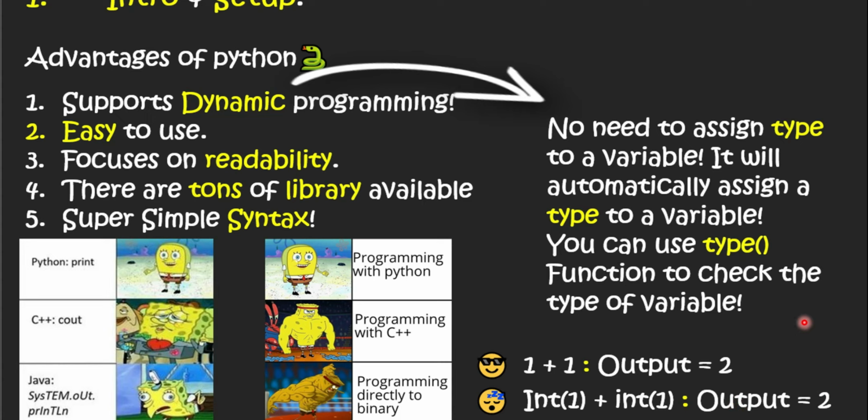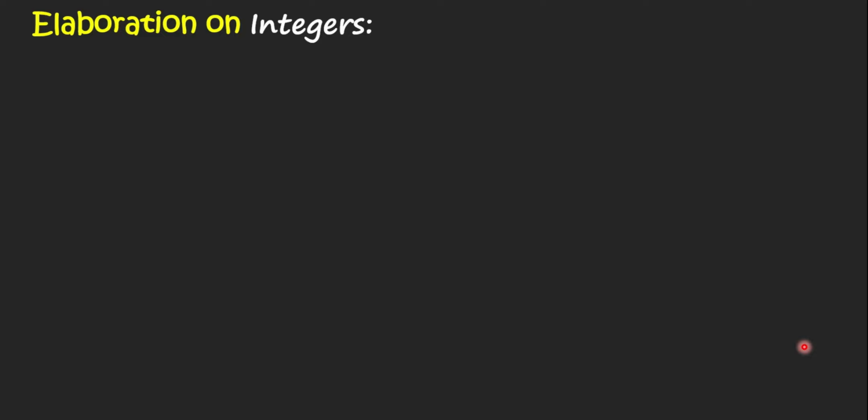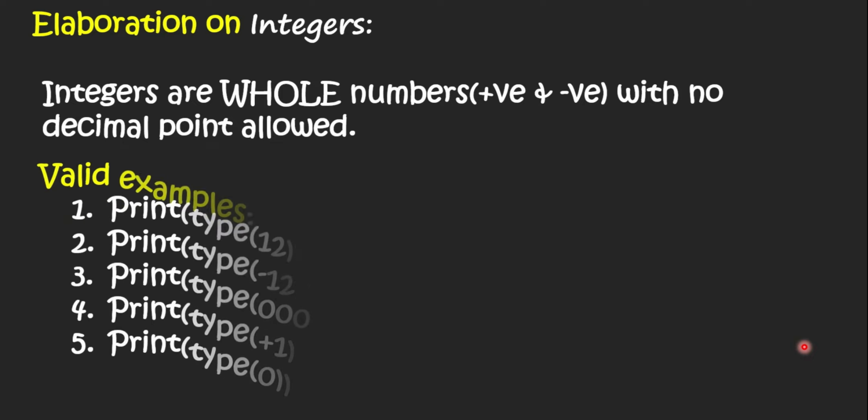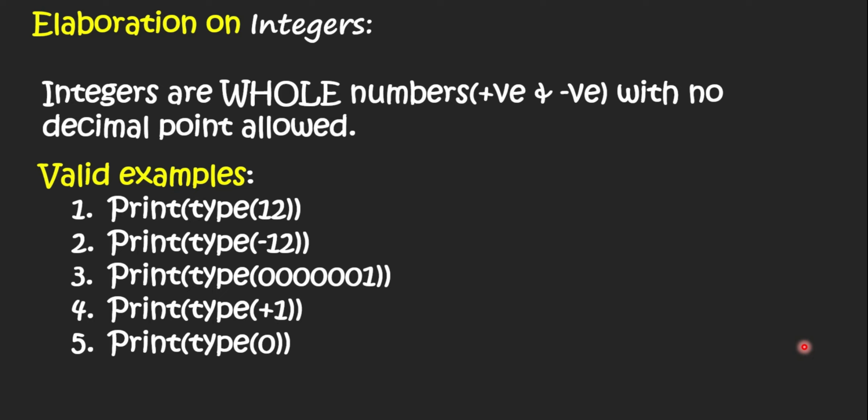All right, so let's have an elaboration on the first data type, that is integers. Integers are whole numbers. They could be either positive or negative with no decimal point allowed. These are some valid examples of integers. I am printing the type of 12. The type would return what data type this is.